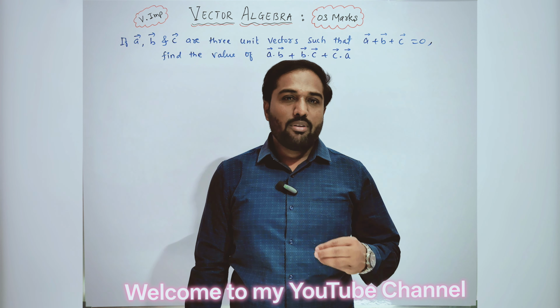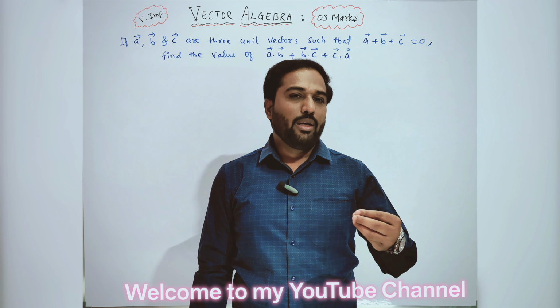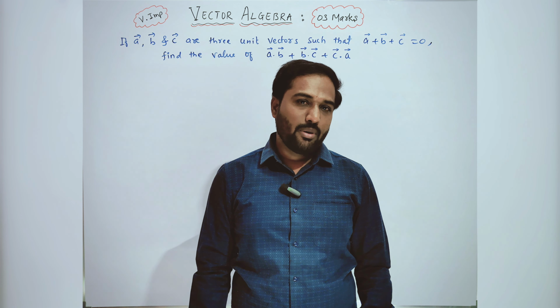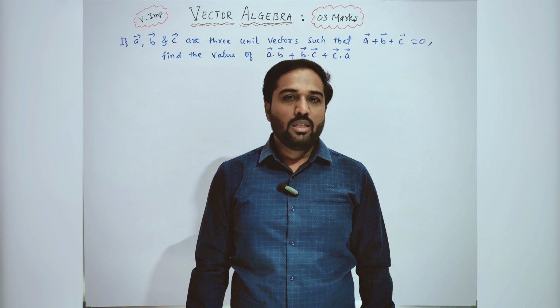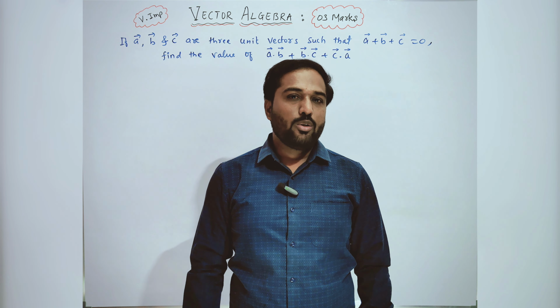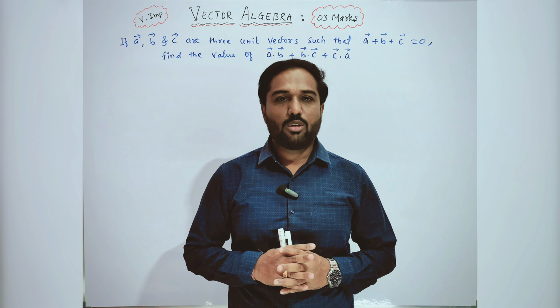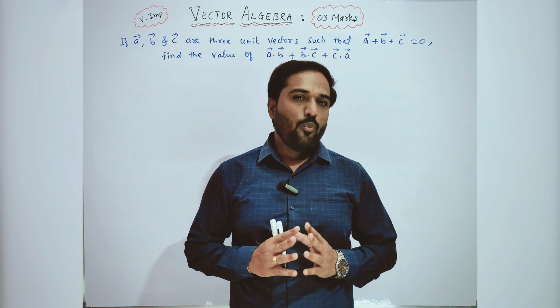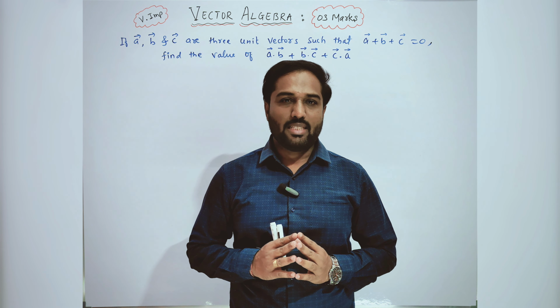Today we'll start with some of the basic definitions, operations and properties of vector algebra, along with the 3 marks important questions. I hope you're all preparing well for your examinations, and today we'll discuss some very important examples on vector algebra which will be asked for 3 marks in your class 12 board examinations.